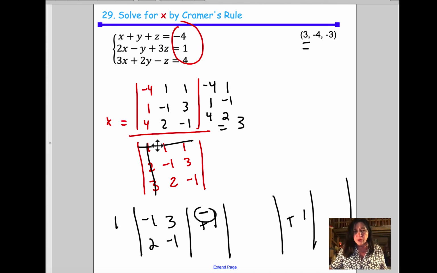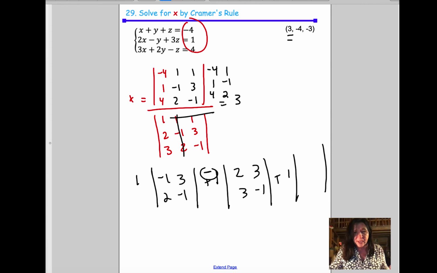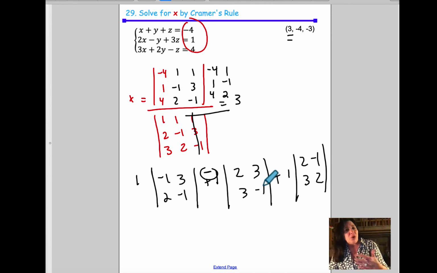And then of course you would just move to the next value and get the next numbers. You would get 2, 3, and then 3 and negative 1. And lastly, if I move this all the way over to the right, the values that are left in the box are 2, negative 1, and then 3 and 2. And work that out.